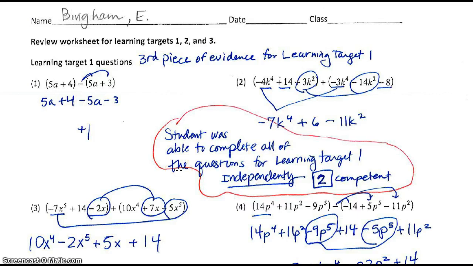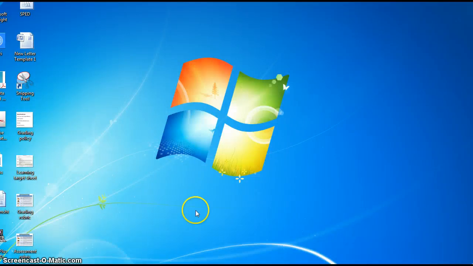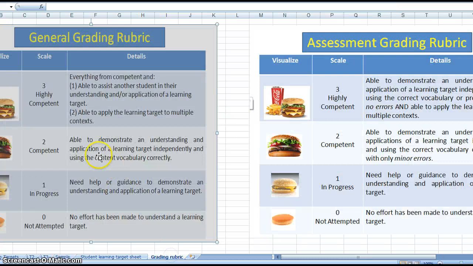And then also it says the student was able to complete all of the questions for learning target 1 independently. Therefore, she gets a 2 because she didn't show anybody else how to do it. She just did it herself, and so she got a 2. So she was competent. Again, if you look at the grading rubric, that's what it says. So you are able to complete the problem.